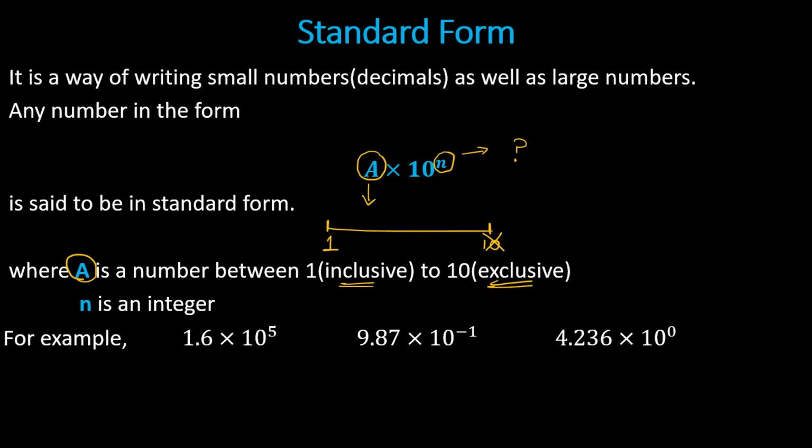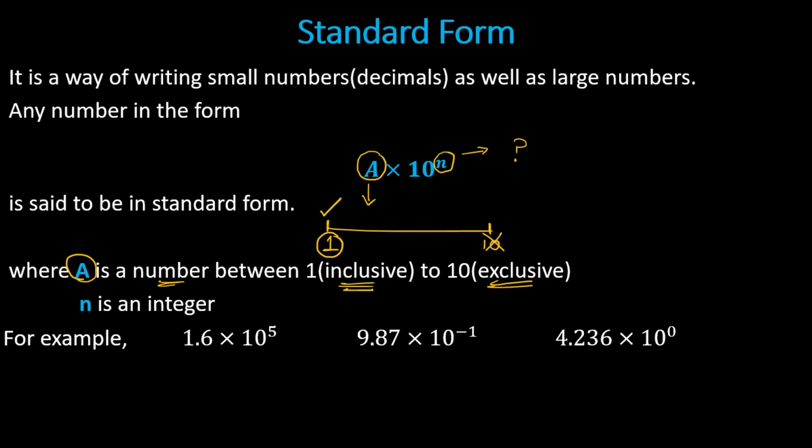And the number can be 1. I repeat, the number a is a number between 1 inclusive to 10 exclusive. 1 inclusive means the number a, it can be 1. Yes, its value can be 1.